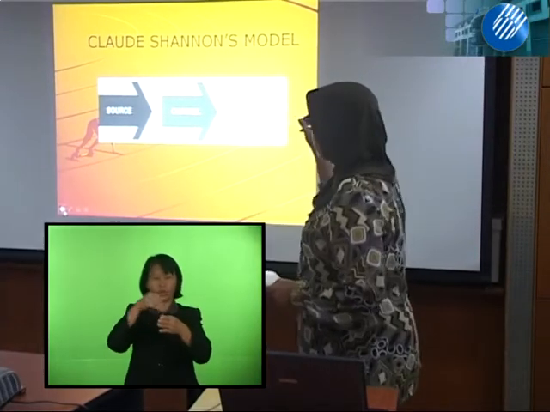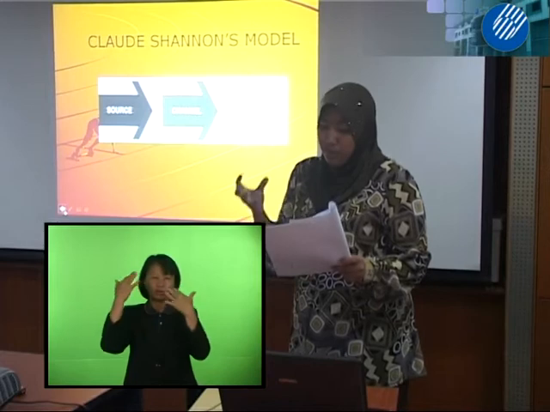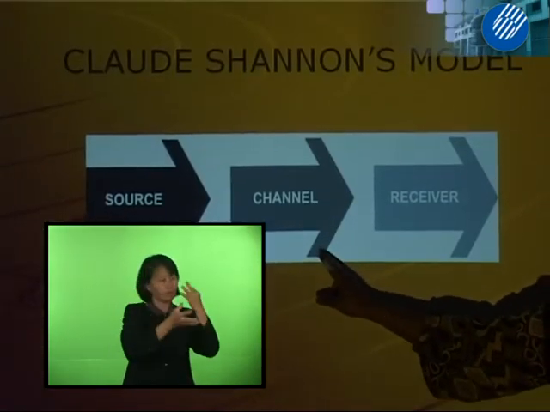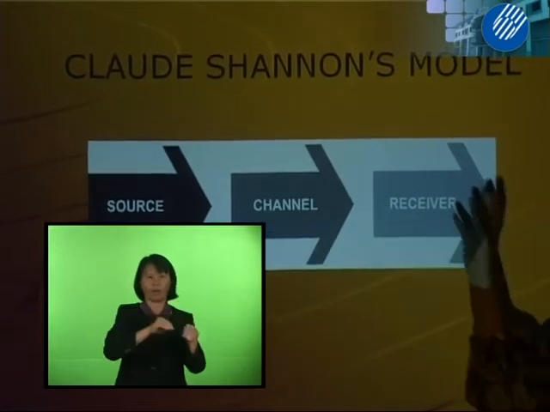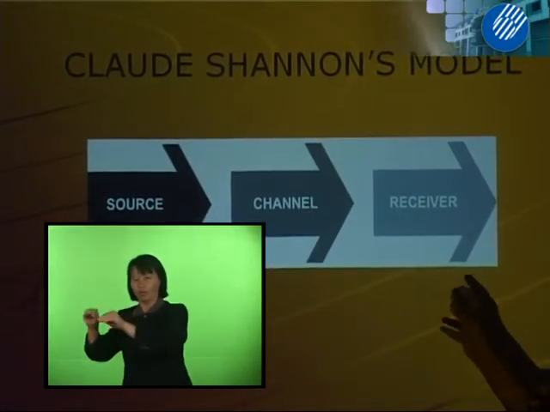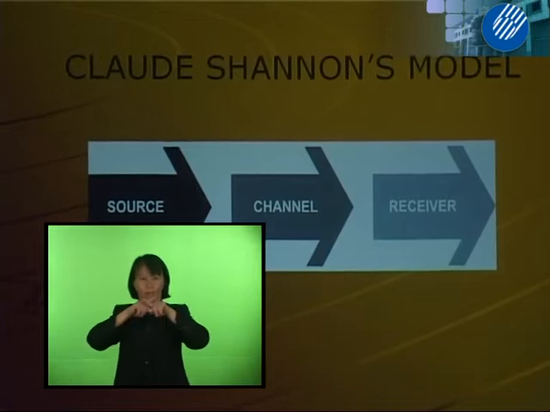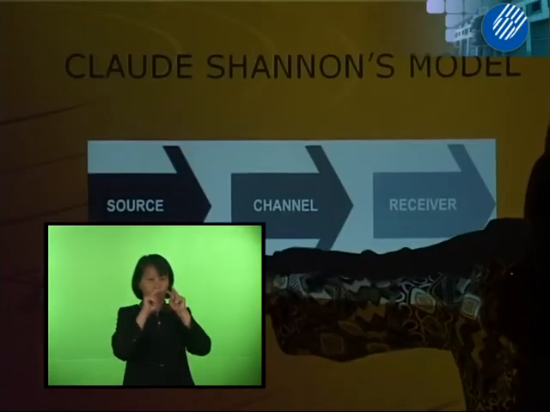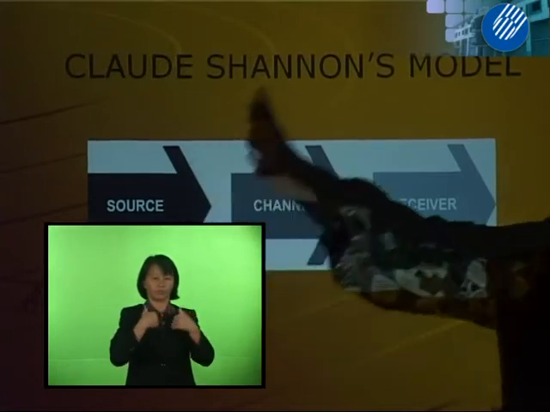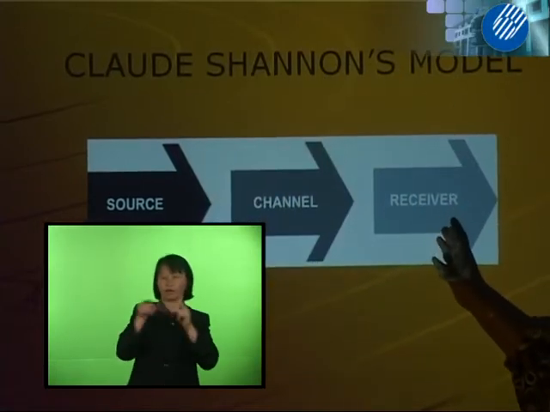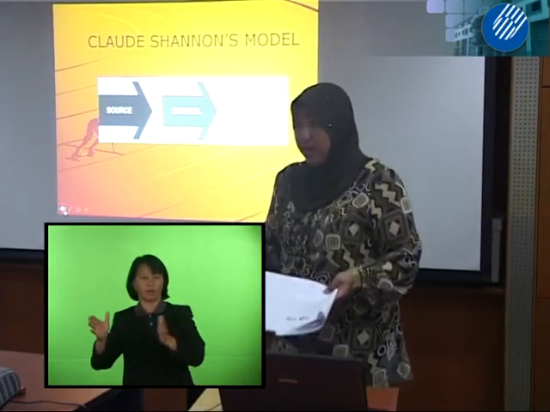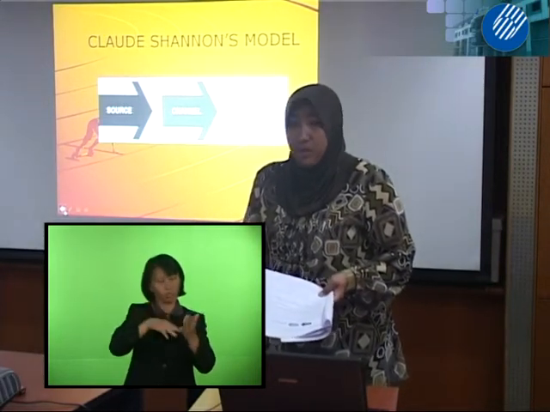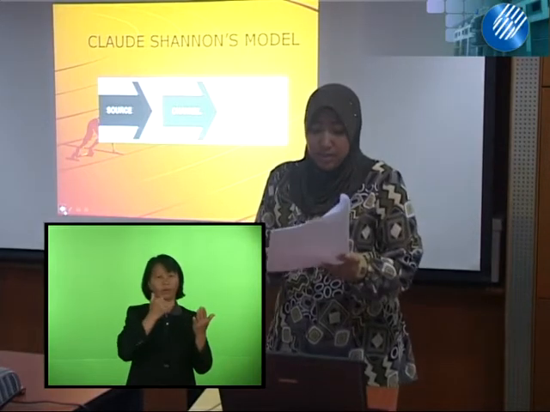It also indicates the effect of noise on the channel through which the message is transmitted to the receiver. But this model, ladies and gentlemen, overlooks the motives of both the sender and the receiver. We have reasons to write, am I right? We must also have reasons to read. Why do we read? Why do we write?